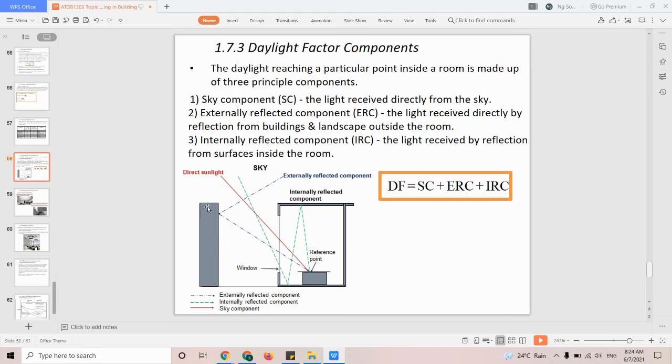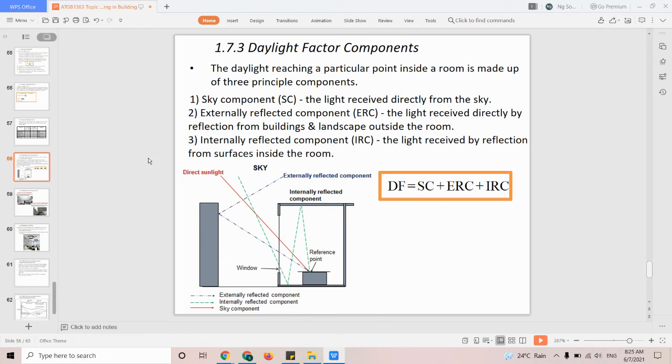Same goes for what is outside. If you have a building with mirrors, then there will be more externally reflected component as opposed to having a black wall. If you have a black wall, there will be very little externally reflected component because the wall will absorb the light.